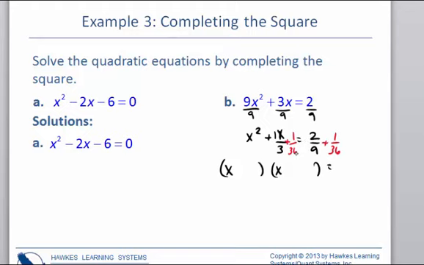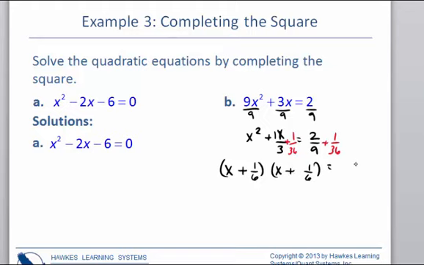So the only way to make 36 is 6 times 6 using the same number. So we're going to do 1 over 6 and 1 over 6 to make 1 over 36. Again, your signs have to be the same because these parentheses have to be identical. So they've either both got to be plus or they've both got to be minus. There's only pluses in our problem, so I'm just going to use the plus there as well. Okay, and then we need to add 2/9 and 1/36.